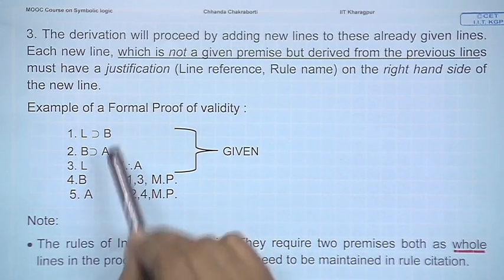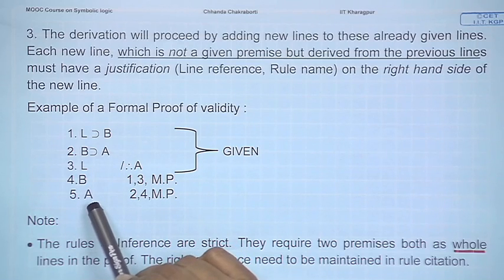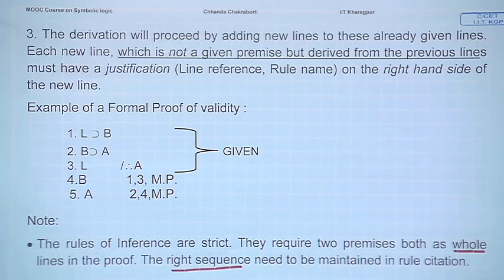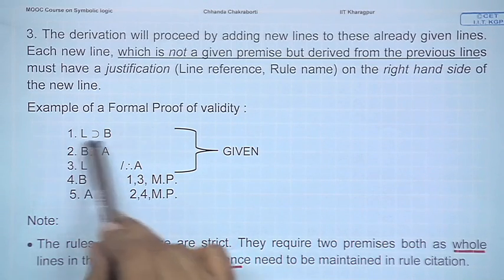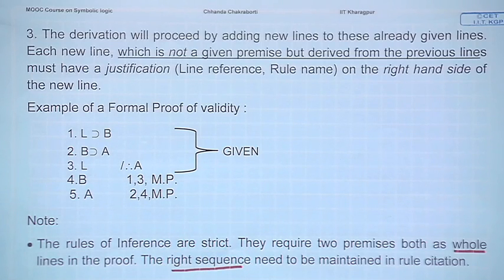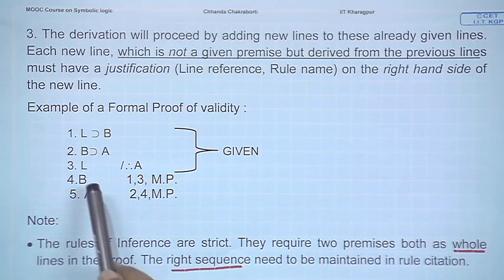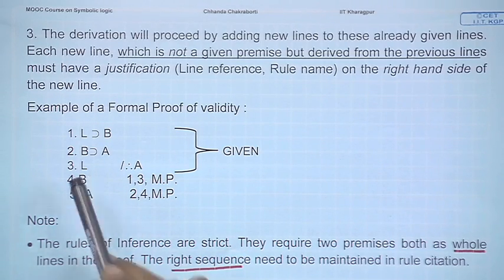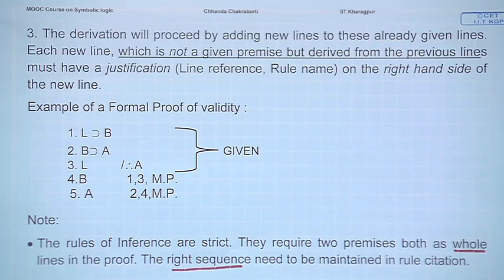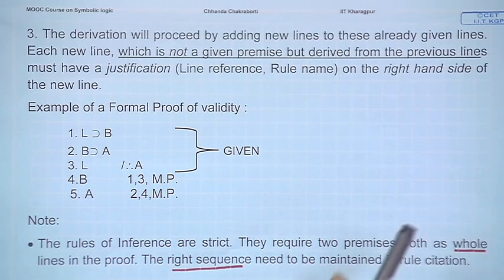L horseshoe B was required, and L is also required before you could derive B. So, just from L horseshoe B you cannot get B by this rule, right. And notice this, that L is a standalone line, it is not a part of another statement. That is something to recognize and remember when you are using the rules.